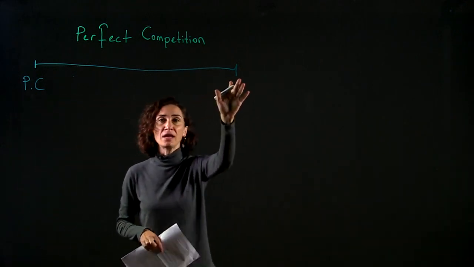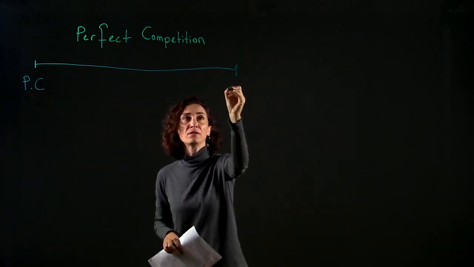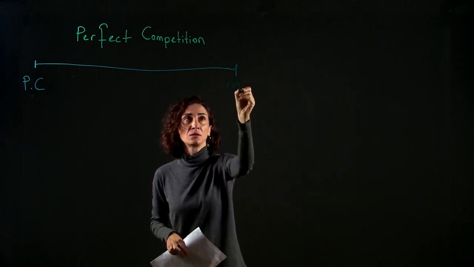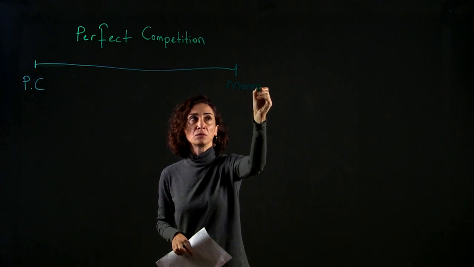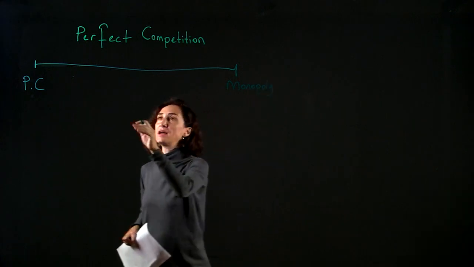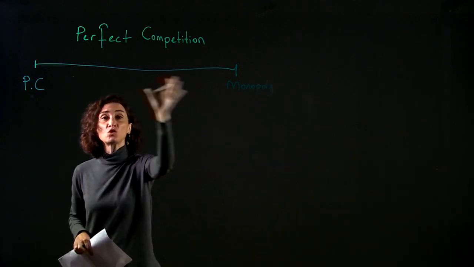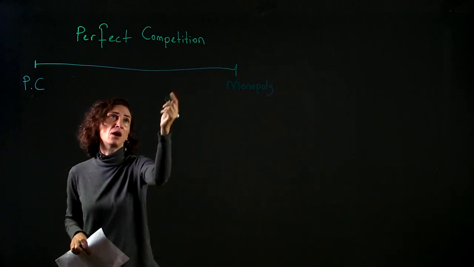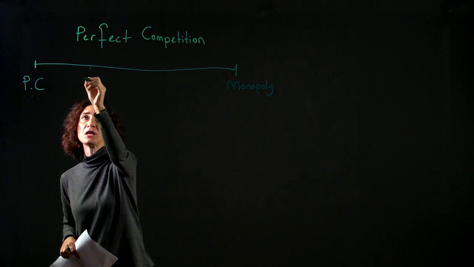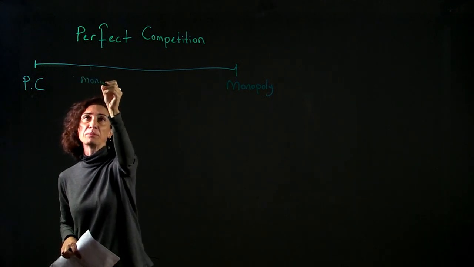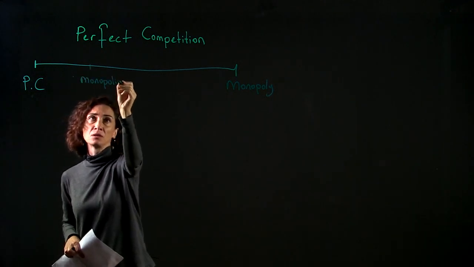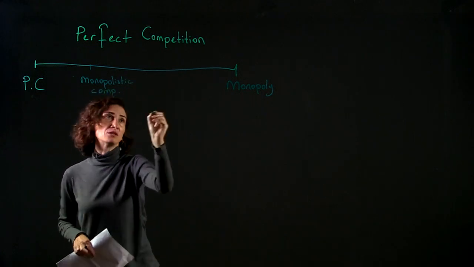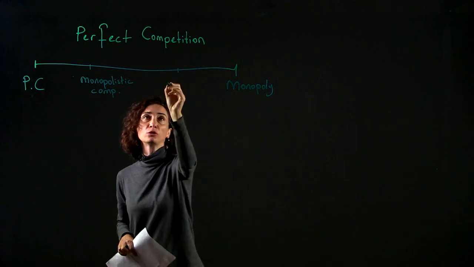And then at the other end of the spectrum, we will have market structures that are called monopolies. Right? And in between these two extreme cases, we will have other types, such as monopolistic competition. Here we will have oligopoly.